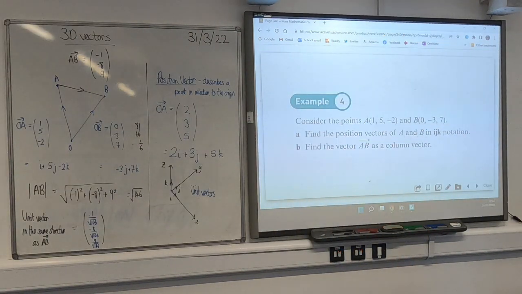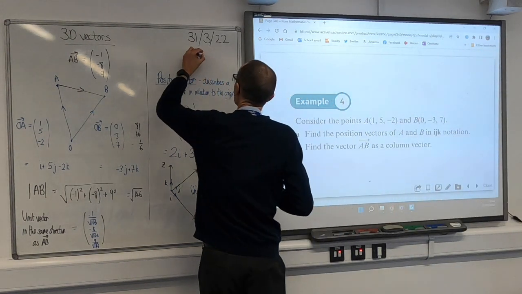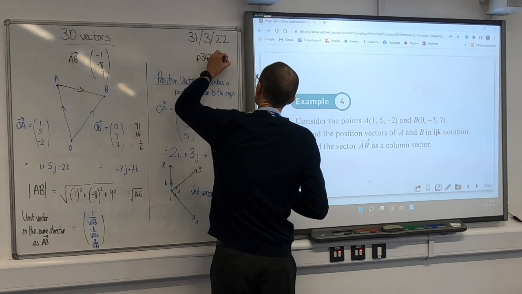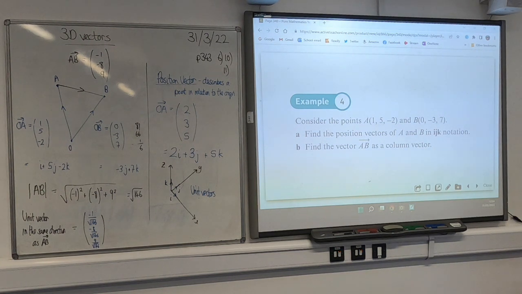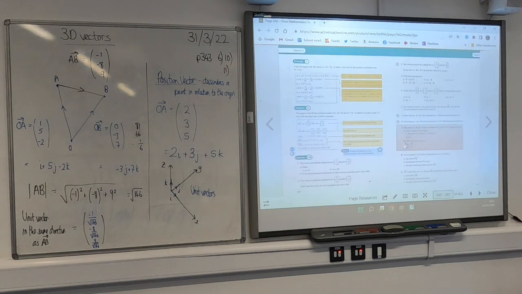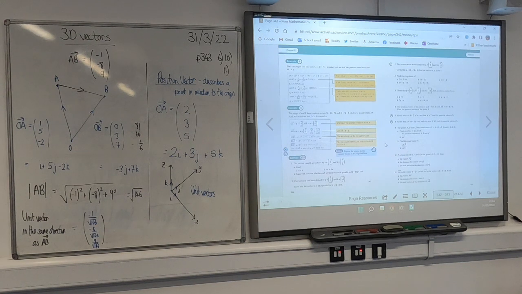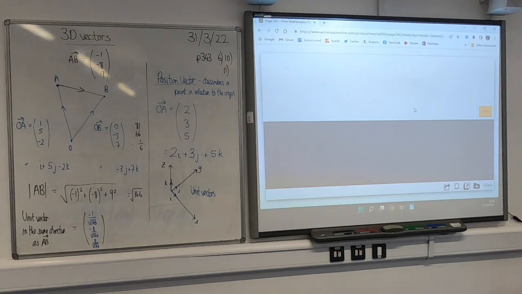So, position vector questions, page 343, 6, 10 and 11. It's page 343 in the online version.